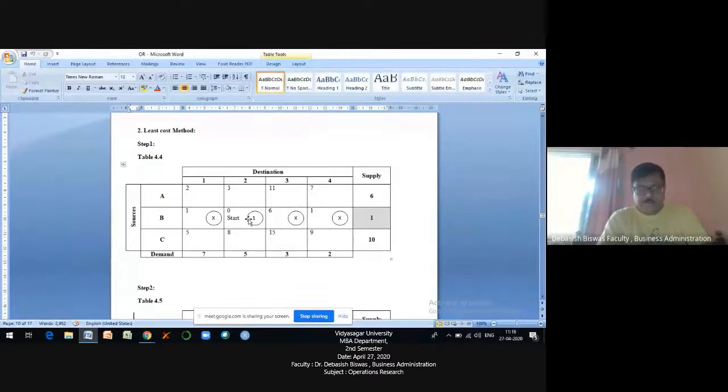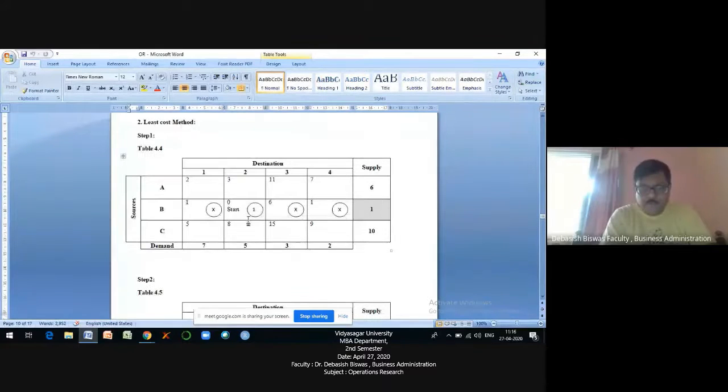So now we are moving to the second table.